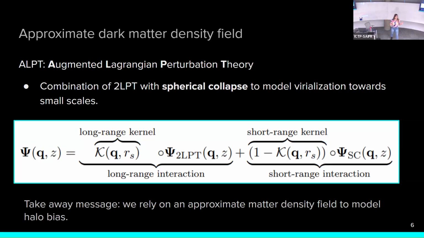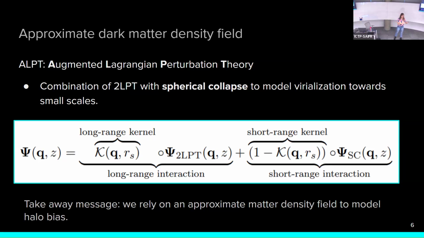Usually, dark matter particles are the same. Yes, but it depends on how you define a halo. You must have a threshold overdensity. Yes, you have the threshold overdensity, but I think there are many additional things that you do. It depends on the halo finder.